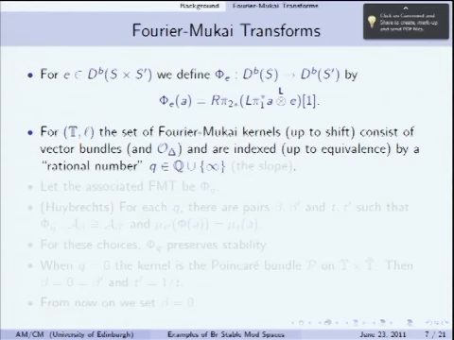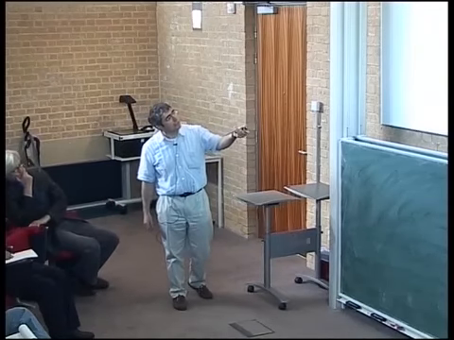Of course we can shift them to get another one, and we can twist by line bundles pulled back from the second factor, which is the equivalence of E. But up to that, we can think of that as a slope of this vector bundle. And the point infinity corresponds to the identity Fourier-Mukai transform, whose kernel is O delta. So this is O delta, the structure sheaf of the diagonal in T cross T.